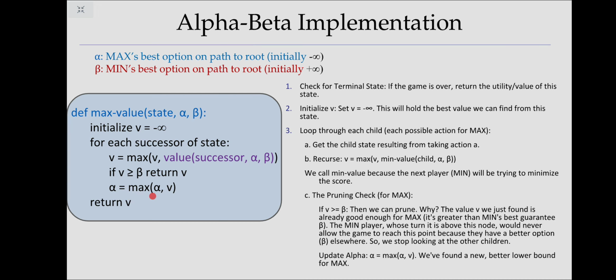When the maximum of the current alpha and v is v, this means that a better option for the max player is defined and obtained. Because of that, we update the alpha limit for the max player.